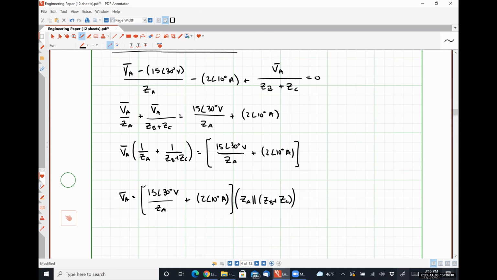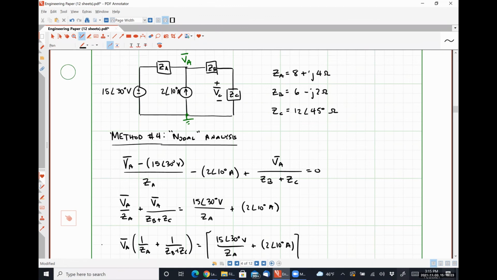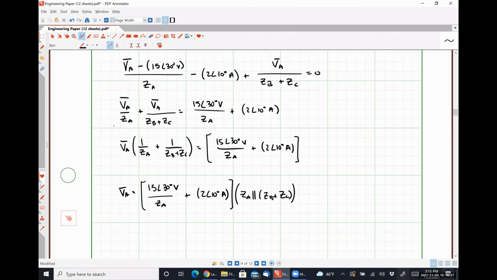Now that I know VA, I can use voltage division to get VC. Okay. So let's take a moment to figure out what this is mathematically.